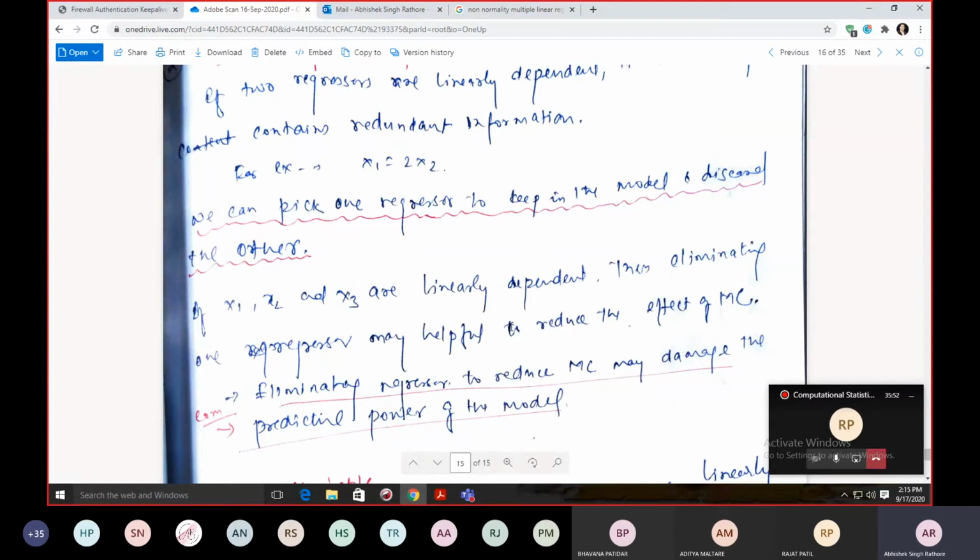Again, this technique has some cons. When we remove x1, or x2 or x3, we are eliminating some regressor variable, so it may damage the predictive power of your model. But it is acceptable if the predictive power of your model is 96%, and after removing x2 and x3 and going with x1 you still have 93 or 94%.